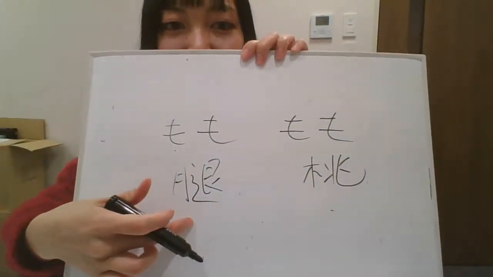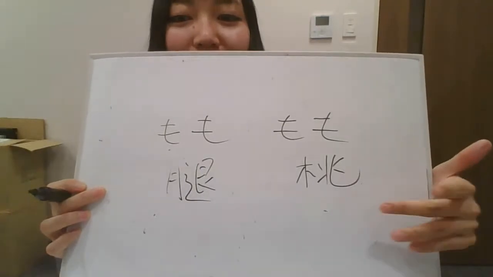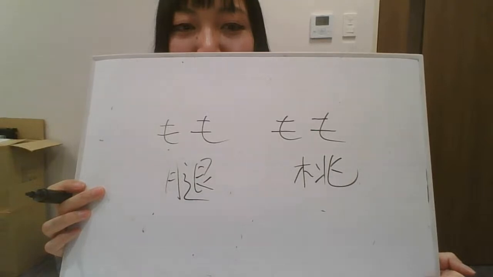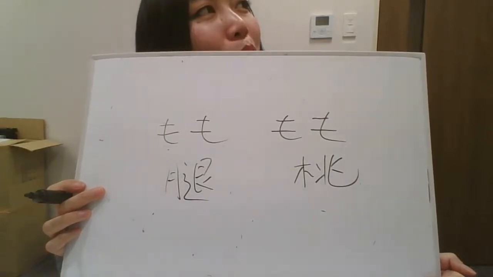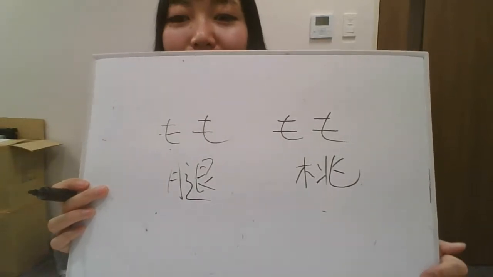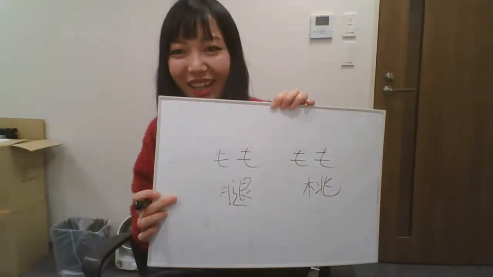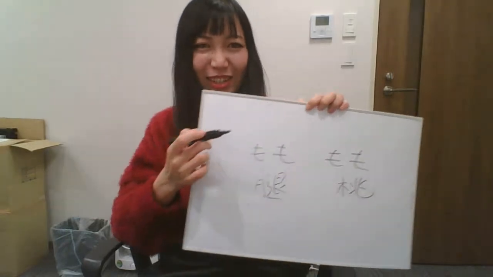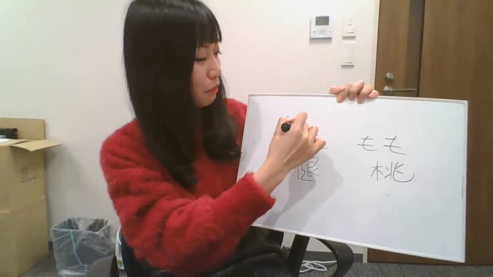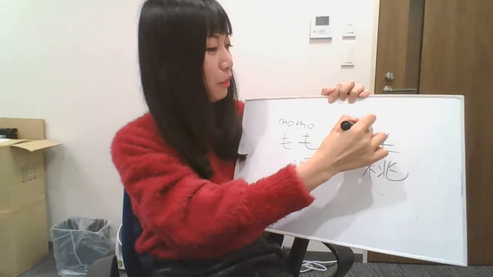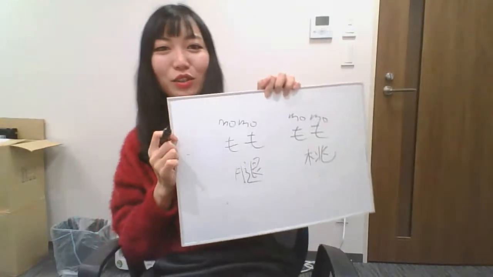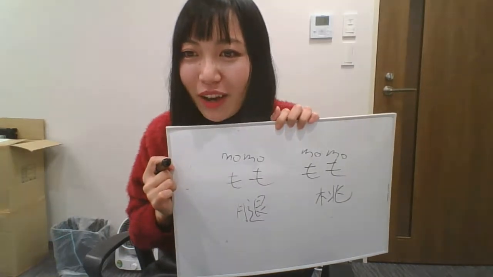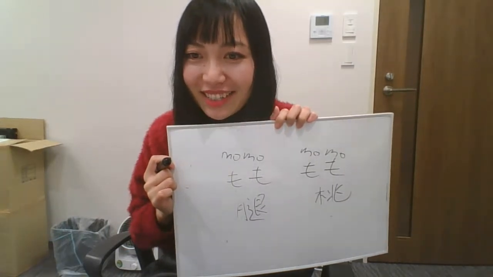So the egg and the peach, they have the same alphabet, but they have a different accent. So it's a momo or momo. So sometimes, yes, you don't have to care so much about accents.